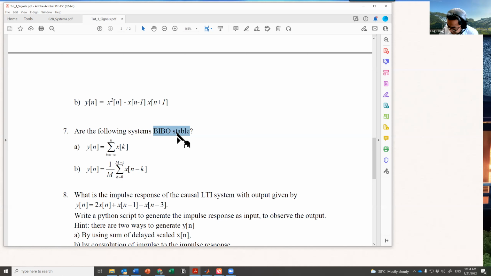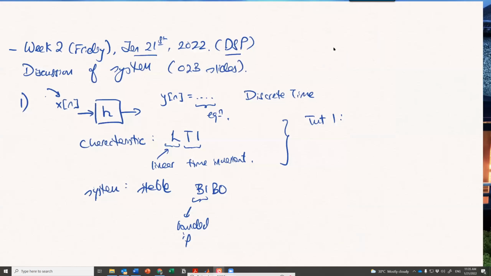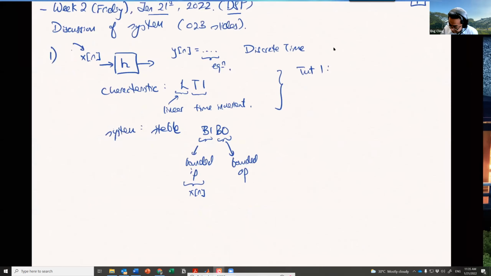BIBO stand for bounded input. And the BO stand for bounded output. Right. So where input means x of n never exceeds a certain value.